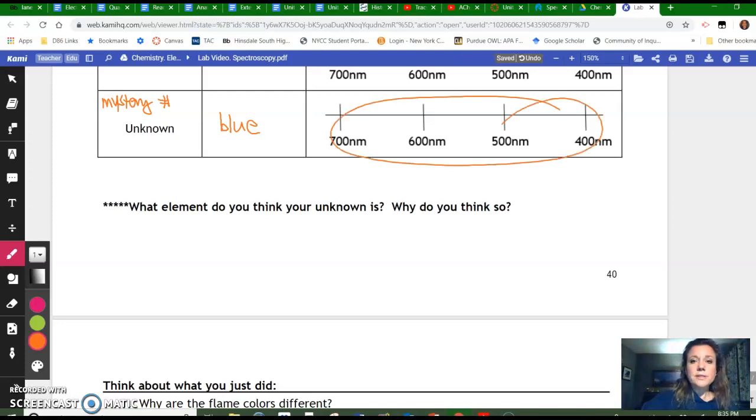Now, your unknown is going to be one of the ones that you've already tested. And so what I want you to do is to provide evidence. So why do you think your unknown is copper, or why do you think your unknown is strontium? So you have to tell me why you think that is. Support your claim with evidence from the lab.